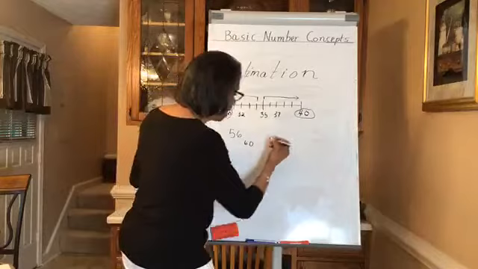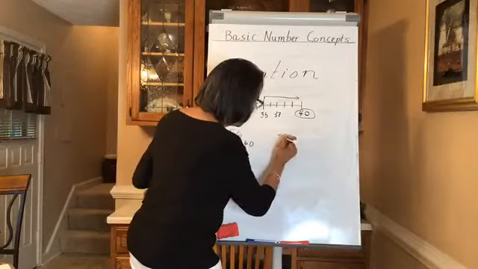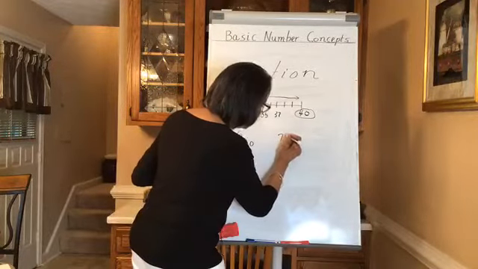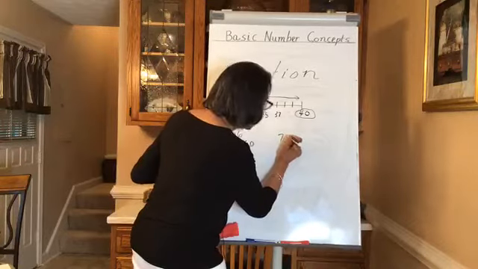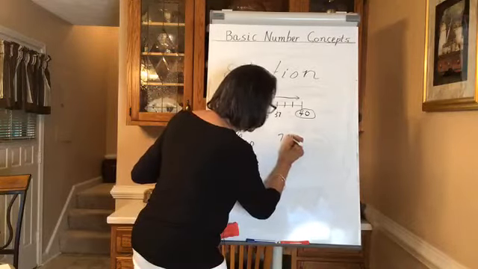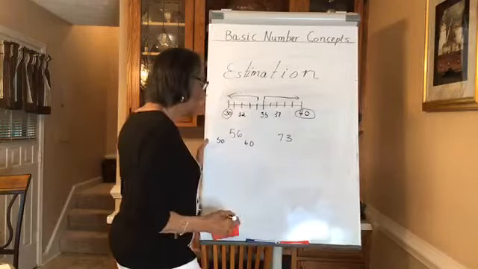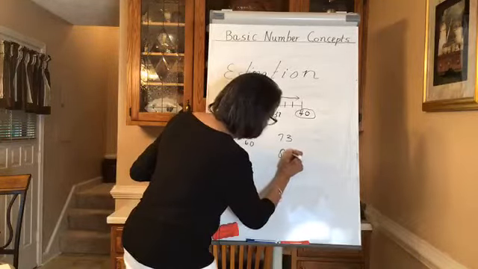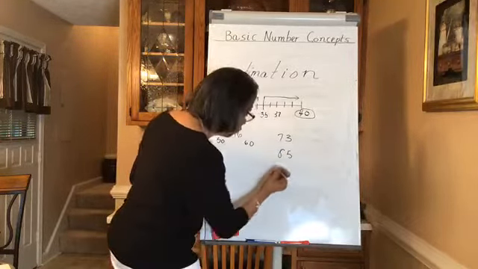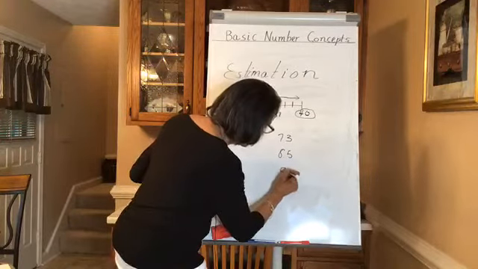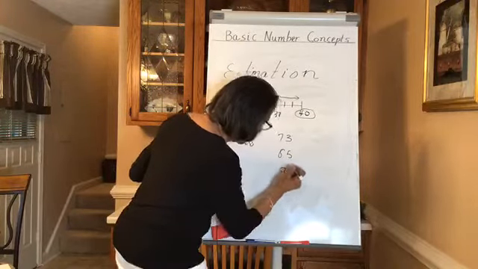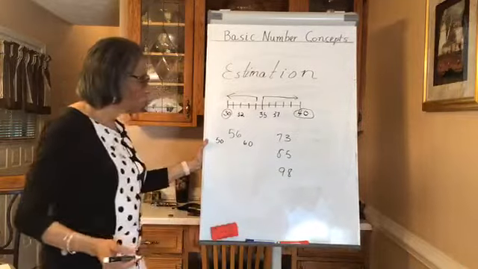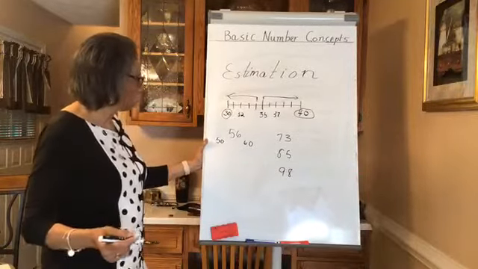All right, so let's do 73. Let's do 85. Let's do 98. Round them off to the nearest 10.